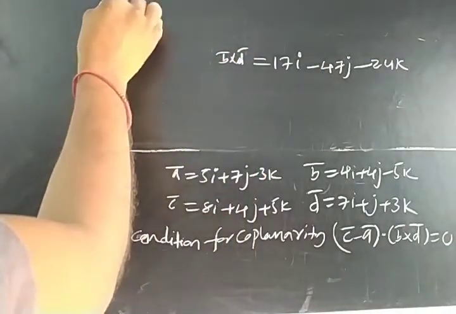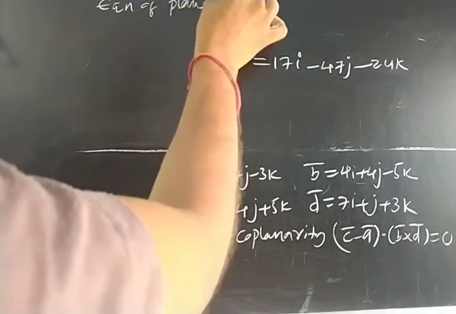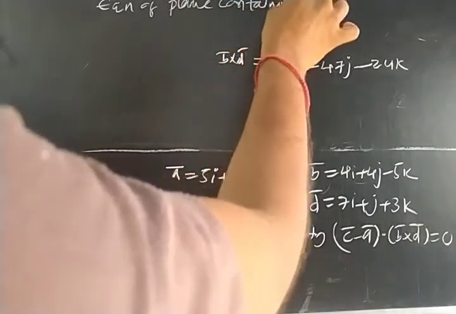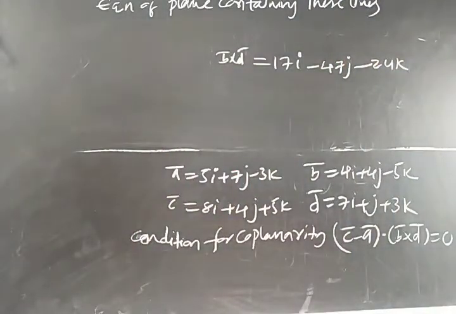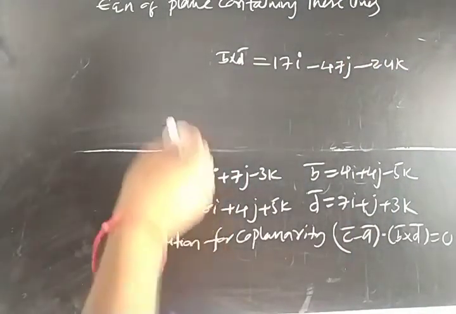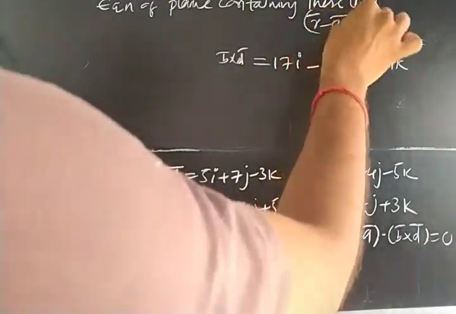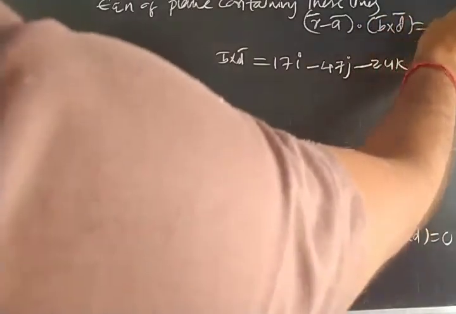Now equation of plane containing these lines. What is the equation? (R bar minus a bar) dot (b bar cross d bar) is equal to 0.